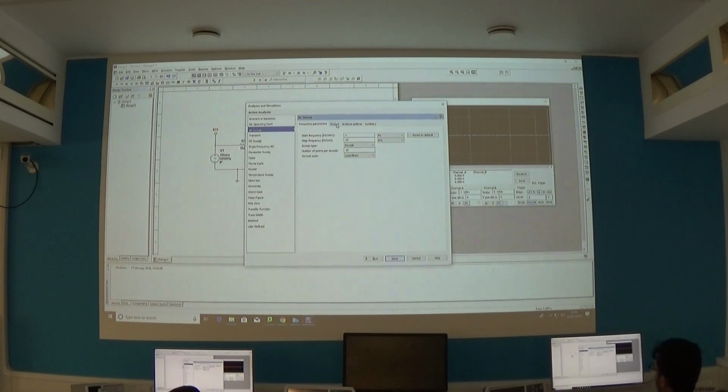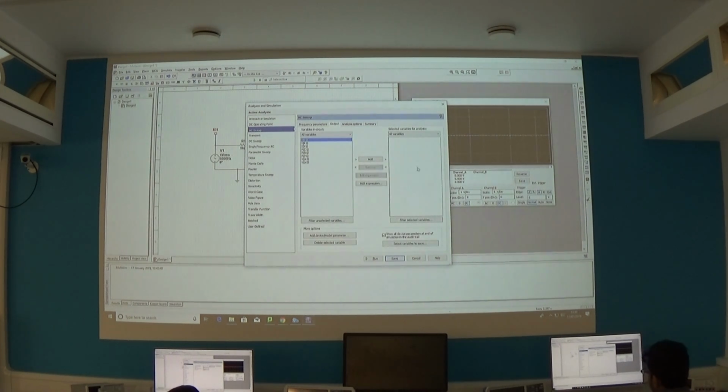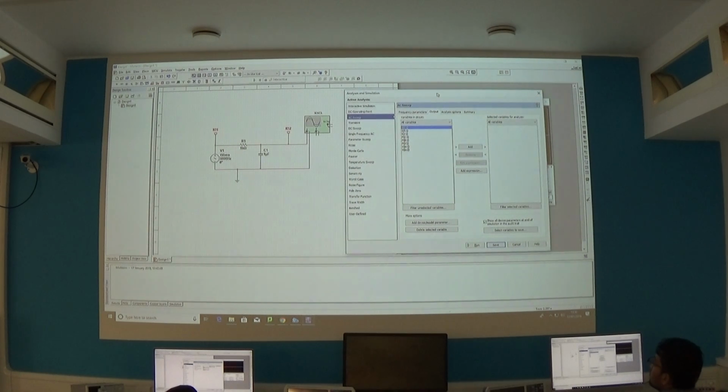Now I click on the Output tab, and I see a series of things. I can see that I've got I(C1), I've got R1, so it's indicating that I can measure the current at C1, the current at R1, the current at V1. But what I'm most interested in is you can see here, look, you've got the voltage at IO1 and the voltage at IO2.